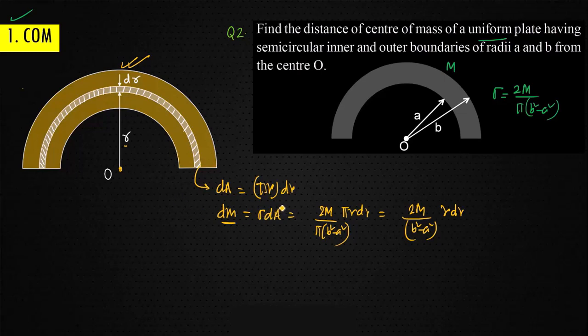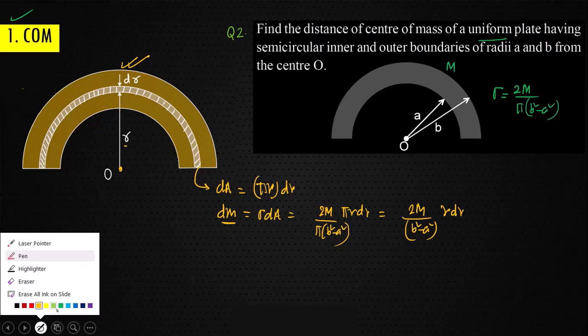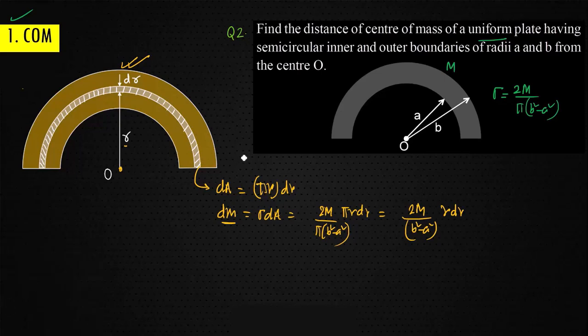For this ring element I know that the center of mass should be at a distance of 2r by pi. So I have to calculate the y center of mass. Y center of mass equals how much? Integration of y dm divided by integration of dm.